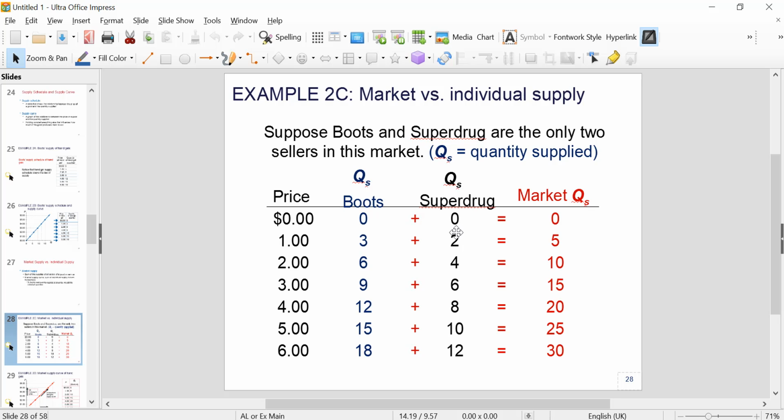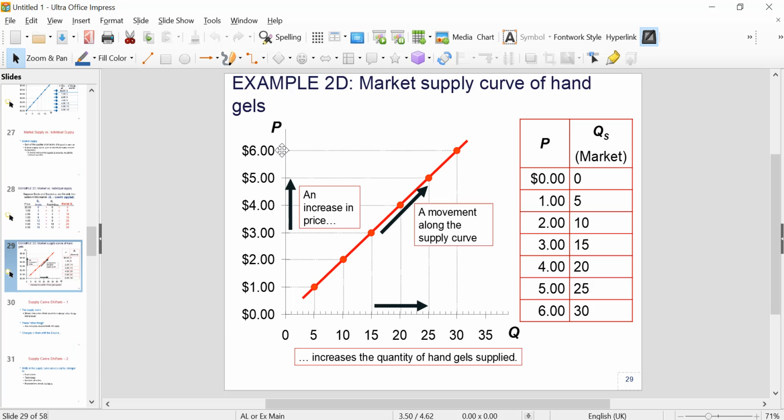The quantity supplied by these two retailers at each price is given here, and if you sum them, that gives us the market supply, just like in the demand case. So these are the quantities supplied in the market at each price.